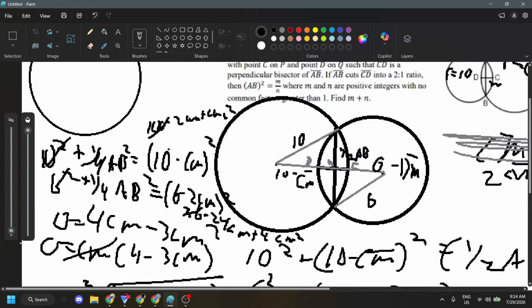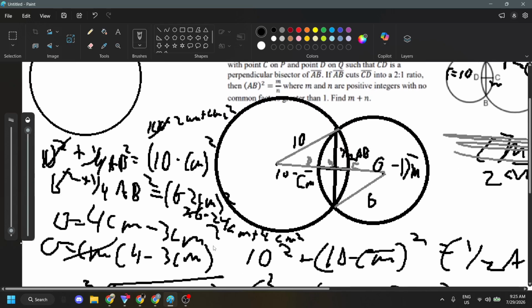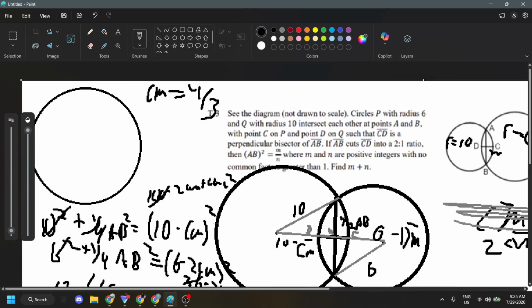So now let's just use this top one here. We have AB squared is equal to 4 times 20 cm plus cm squared. Okay, so that's going to be 20 cm is 80 over 3, so 320 over 3.